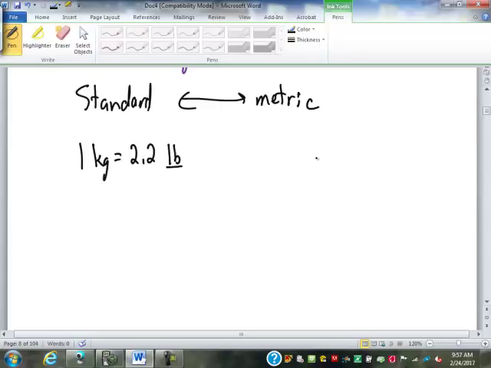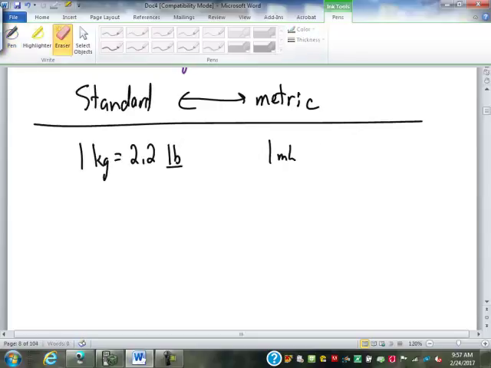The one that kind of makes me chuckle in this book, 1 fluid ounce, I've always used as approximately 30 milliliters. And if you're looking in this textbook, on one page it does say 1 fluid ounce is 30 milliliters.